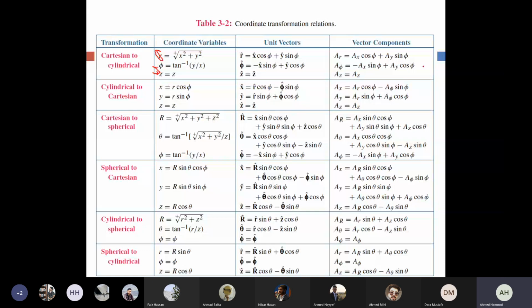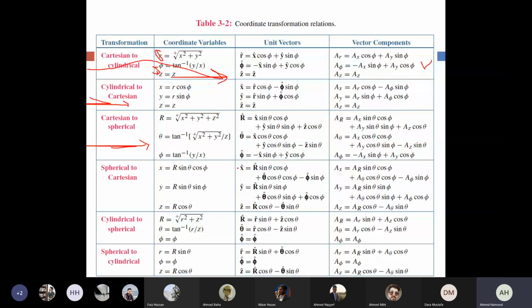These are very important, so we have to check what the question is asking. If it asks me to convert from Cartesian to cylindrical, then I will use this row. If from cylindrical to Cartesian, we have to use this one. If from Cartesian to spherical, we have to use this, and so on.